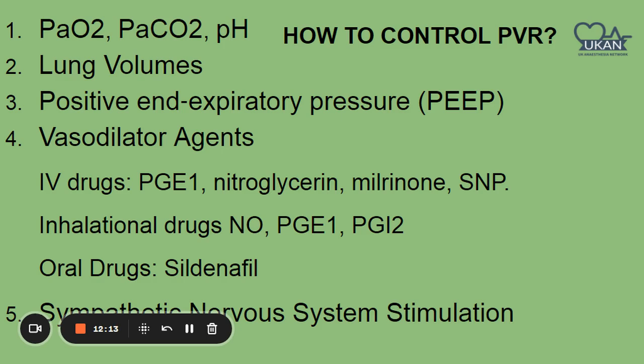But sometimes actually you need to increase the pulmonary vascular resistance, and this is for patients who have high flow, as we said, and this patient does not develop pulmonary hypertension yet, but this high left to right shunt and this high flow makes the lung wet and exhausts the heart because it's a very big load on the heart, and you may think about increasing the pulmonary vascular resistance to limit this left to right shunt for the patient. So what are the factors controlling the pulmonary vascular resistance?